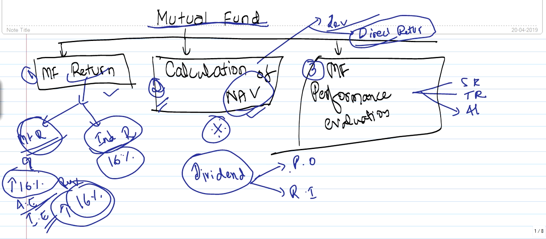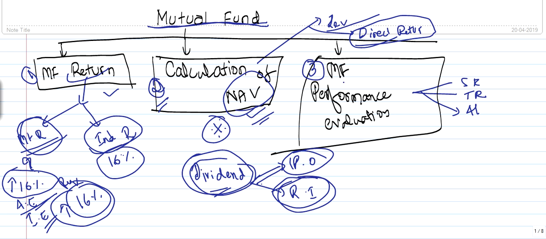In this we have dividend also, that is dividend reinvestment or payoff. Two types of dividend: dividends are paid off, that is withdrawn by the unit holders, or reinvested back. That kind of questions will be asked in the NAV.